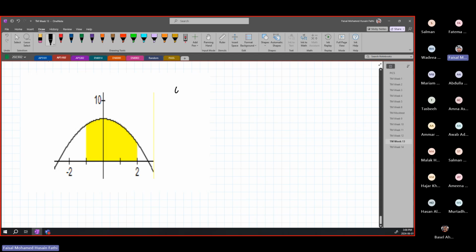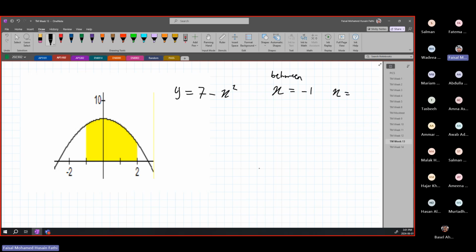So here they say that y is equal to 7 minus x squared, all right? A quadratic. So this is our function. And they want us to find the area between x equal -1 and x equal 2, all right? So in other words, this is -1 and this is 2.